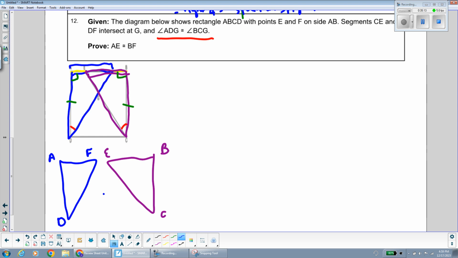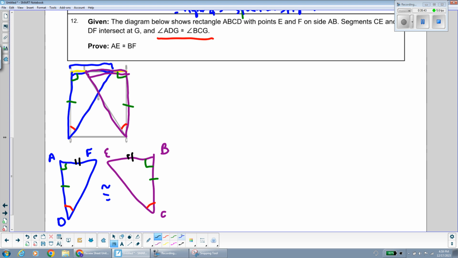Right now we have enough information to prove these two triangles congruent with ASA. If we prove the two triangles congruent, then we can CPCTC these two sides. And then once we have the full sides, we can subtract off EF, and we can get the pieces of those sides, AE and BF, that we need.